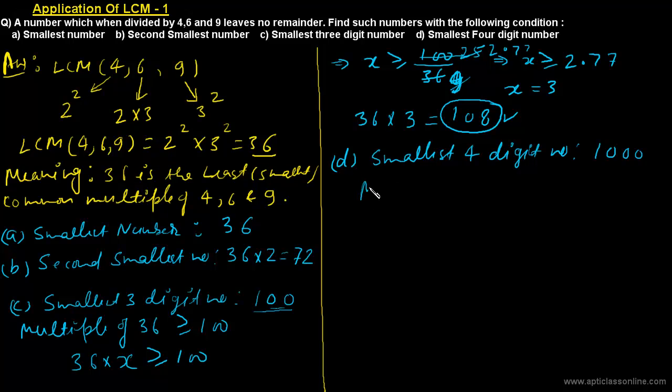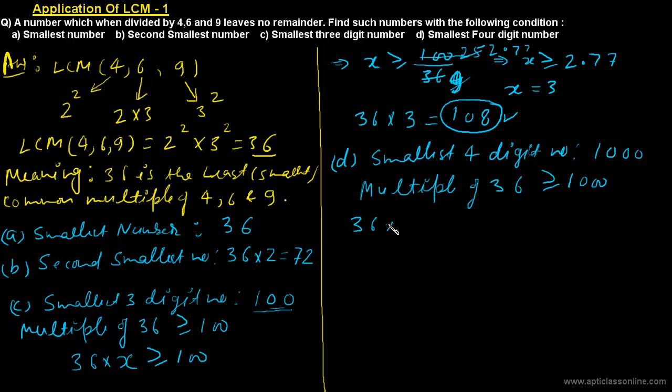And here also we are trying to get the multiple of 36 which is greater than or equal to 1000.